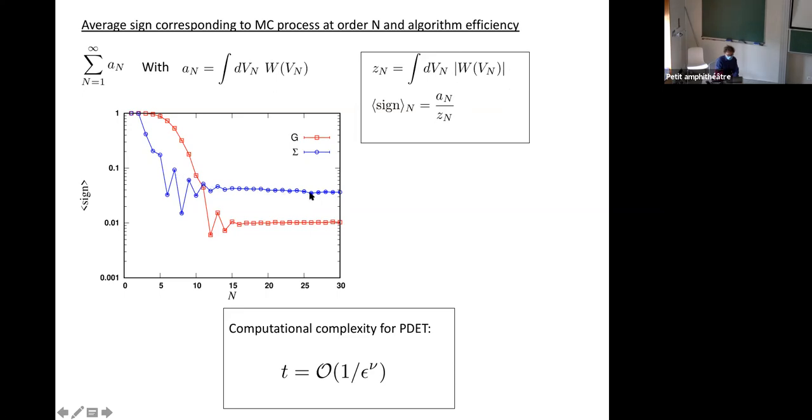We see that in the large order limit, our average sign does not go to 0, but goes to a constant. This is extremely good because it means that we can keep on going to whatever order that we want, and we don't suffer from a decreasing sign, which would increase the variance if we increase the order. Now, how is that possible?